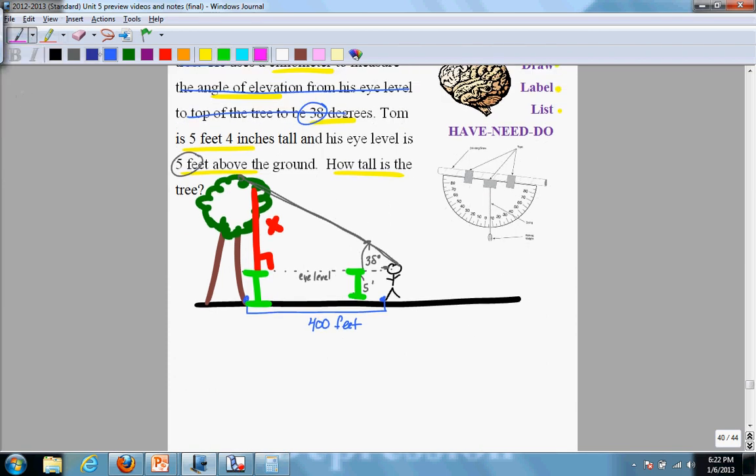In this case, this would be our adjacent in this triangle. This would be our opposite, and this would be our hypo. And our adjacent here is not 500 feet, excuse me, 400 feet.